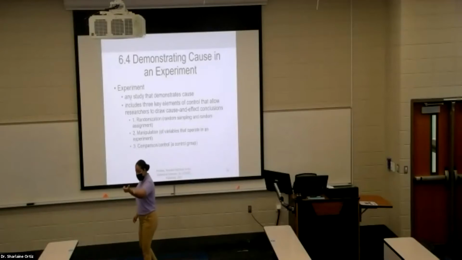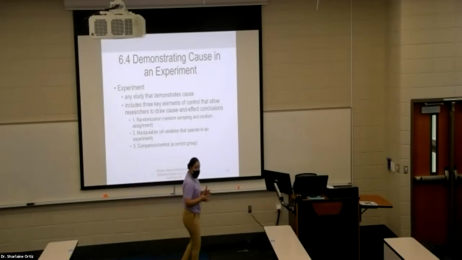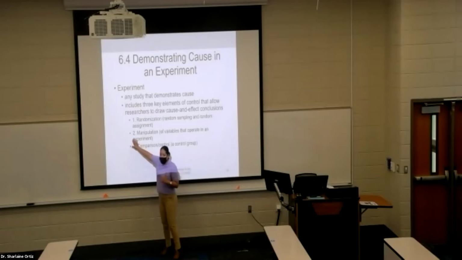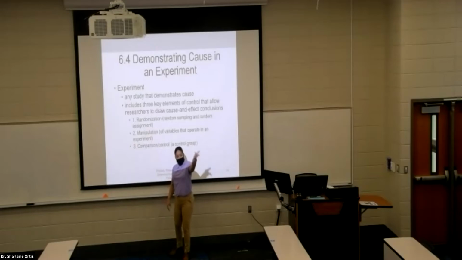As a participant, you come in with your sex. As a participant, you come in with your race. I cannot manipulate those variables. Therefore, if I don't meet this second criteria, it means it's not an experiment. Just in the same fashion, if I don't meet this first criteria of either randomly selecting or randomly assigning to these different boxes, then I'm not conducting an experiment.